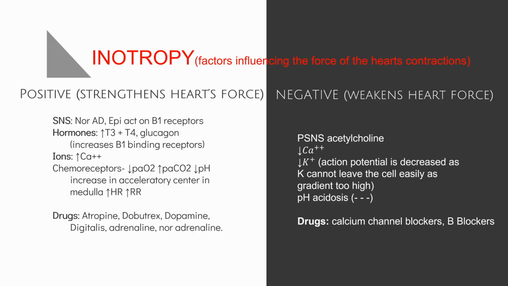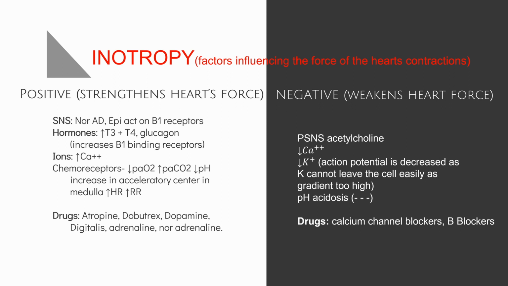Let's look at our positives. Once again, our sympathetic nervous system will secrete noradrenaline, epi or adrenaline, and it will act on beta-1 receptors. This is a sympathetic nervous response. Our hormones, once again, the thyroid hormones T3, T4, as well as glucagon increase beta-1 binding receptors, which will also have a positive inotropic effect.